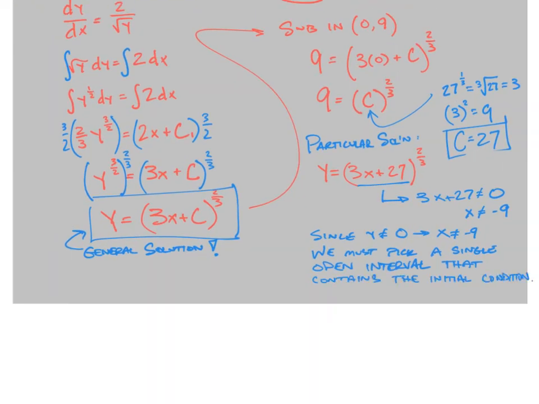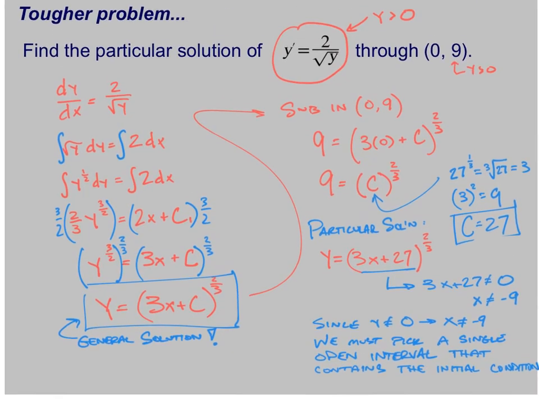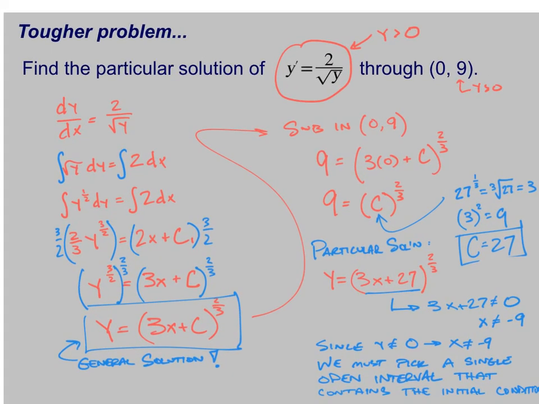Okay, if you recall from our previous discussion of differential equations, we said for a particular solution, the domain, you have to pick a single open interval that contains the initial condition. Let's go back and look at the original initial condition. We had x equals 0. We had y equals 9.